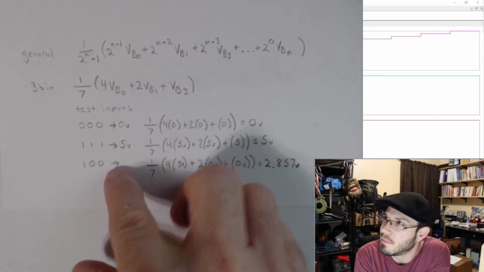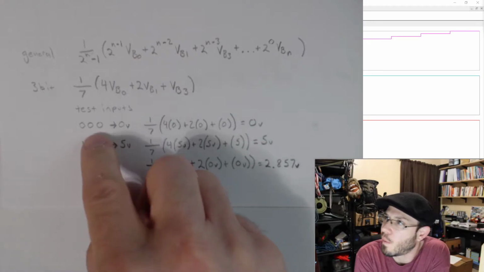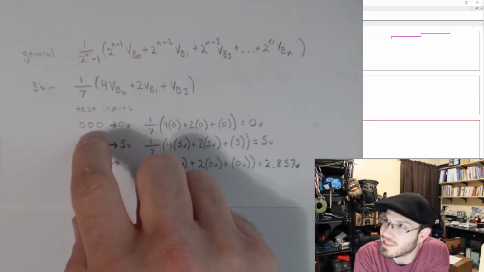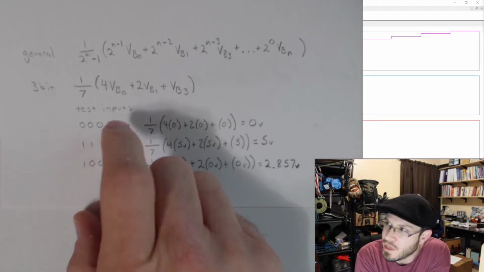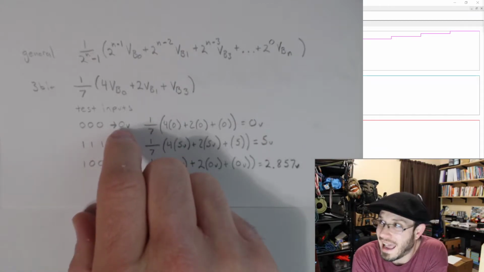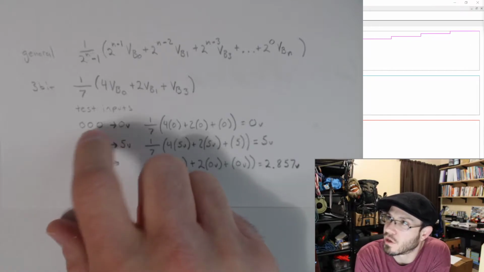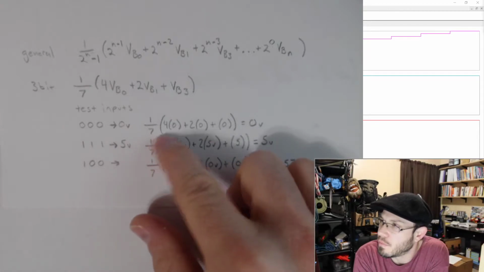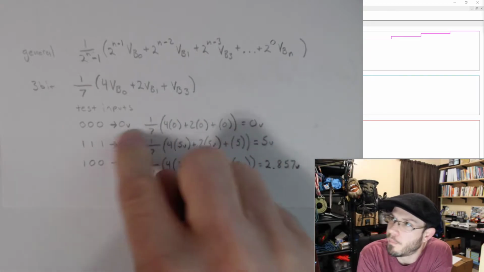And I've just given some test inputs here where I went with our lowest value that we could have for our digital inputs, which is 0, 0, 0. And we should get 0 volts coming out of this digital to analog converter, so it's going to turn these zeros into 0 volts. And of course, if you plug that into the equation, you end up with 0.